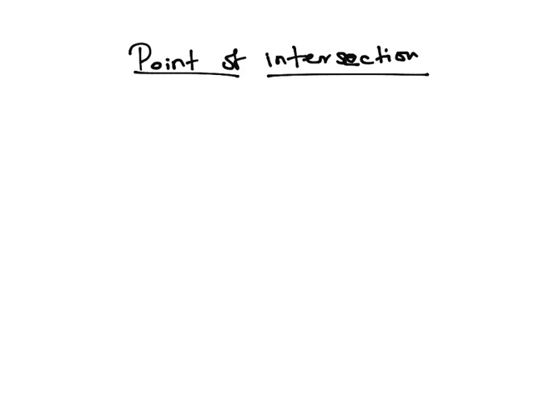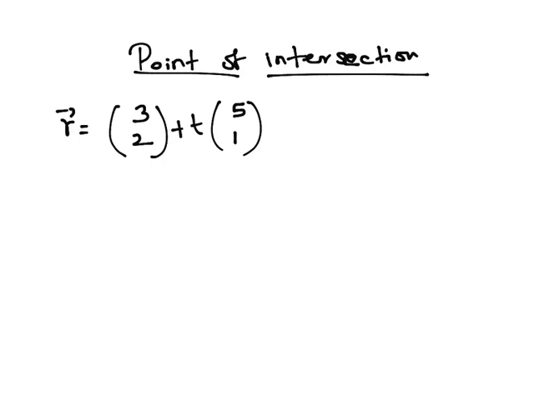Okay, let us consider two lines. Let's say first line is r vector equals 3 2 plus t times, let's say 5 and 1. Okay, and let the second vector be r vector equal to, you have, let's say 4 9 plus s times, say you get minus 1 and 1.